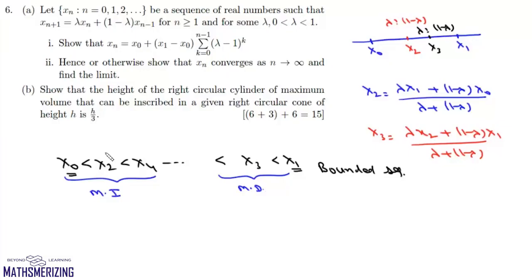Now suppose the subsequence of even indices converges to L1, and suppose the odd indices converge to L2.